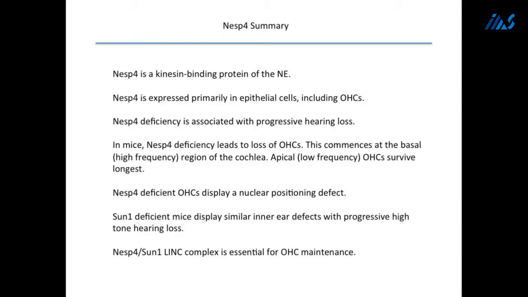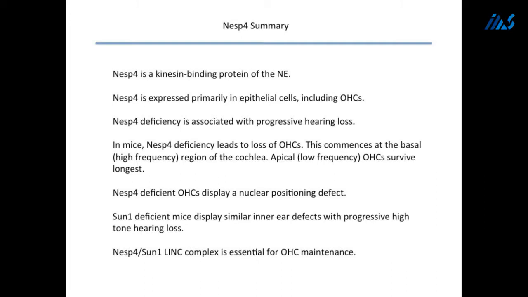So I just want to summarize what we've found with nesprin 4. It's a kinesin binding protein of the nuclear envelope, expressed primarily in epithelial cells, including outer hair cells. It's associated with progressive hearing loss in humans and evidently in mice. Nesprin 4 deficient outer hair cells clearly have a positioning defect, as do SUN1 deficient hair cells.